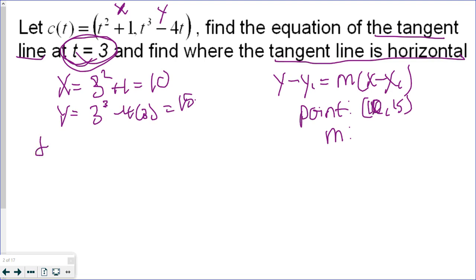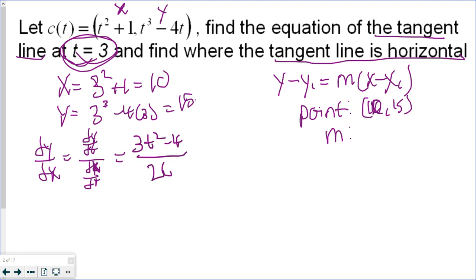The derivative is dy over dx, which is the derivative of the y equation divided by the derivative of the x equation. The math behind that is super simple. You find the derivative of y first, which is t cubed minus 4t, becoming 3t squared minus 4. And the derivative of the x equation is just 2t.